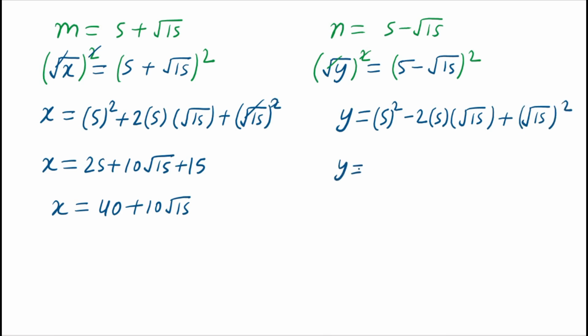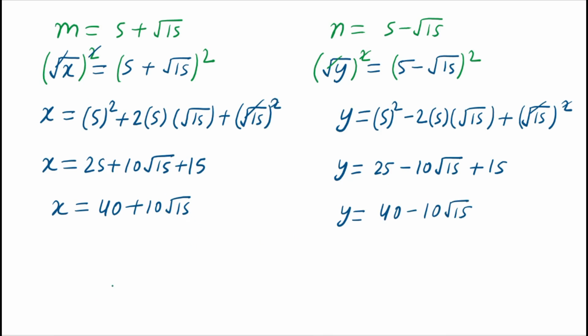Y is equals to 5 square is 25 minus 10 times square root of 15 plus, the square root is cancelled out by this square, so here 15. Y is equals to 25 plus 15 is 40 minus 10 times square root of 15.